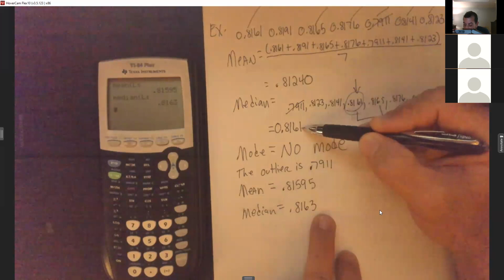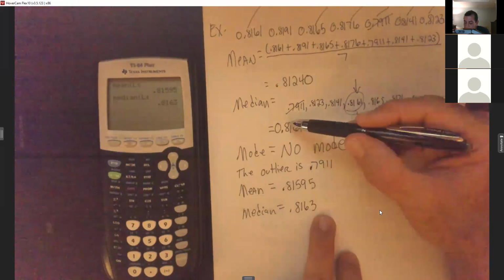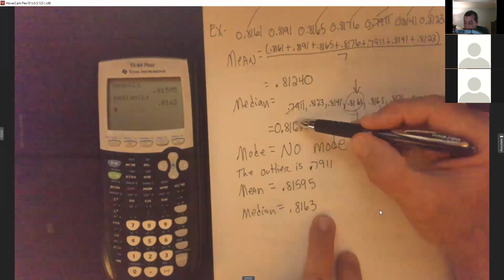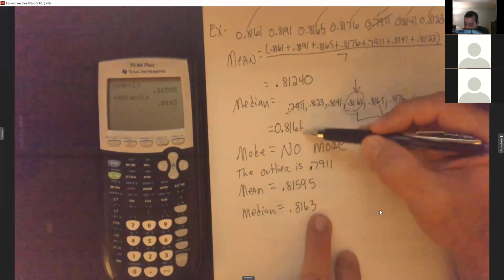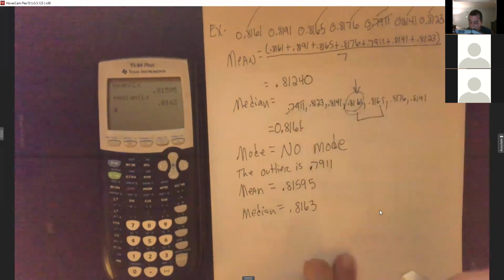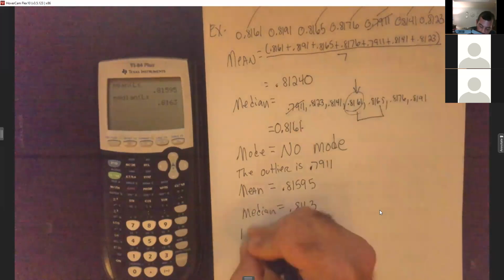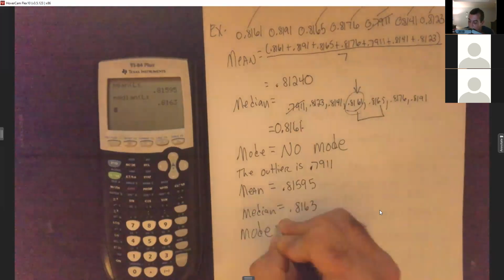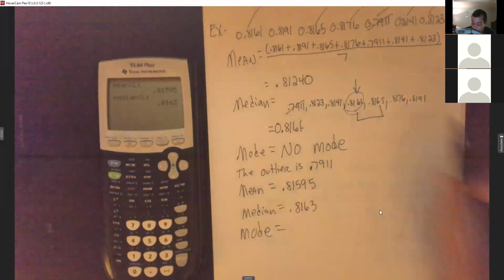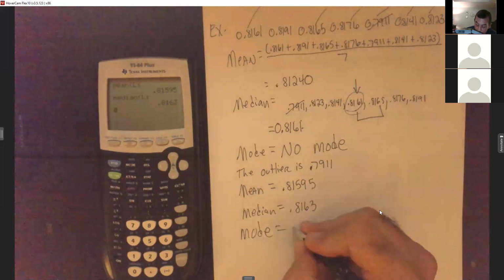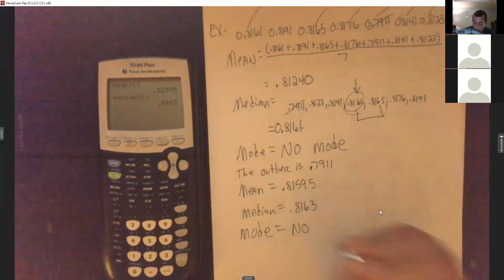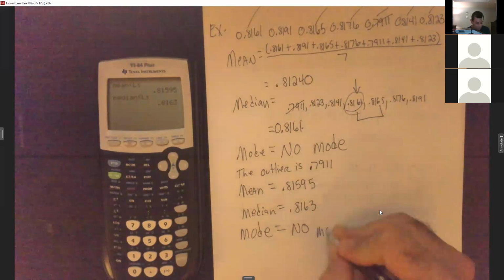It was affected only in the ten-thousandths place, by just a little bit, okay? And then the mode, well, nobody happens more than once still, so my mode is still no mode.